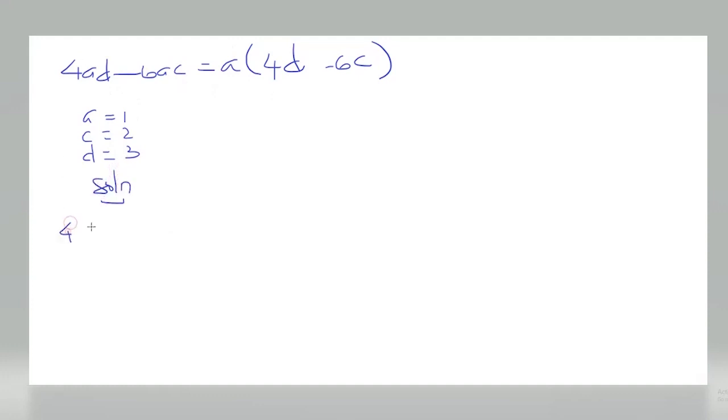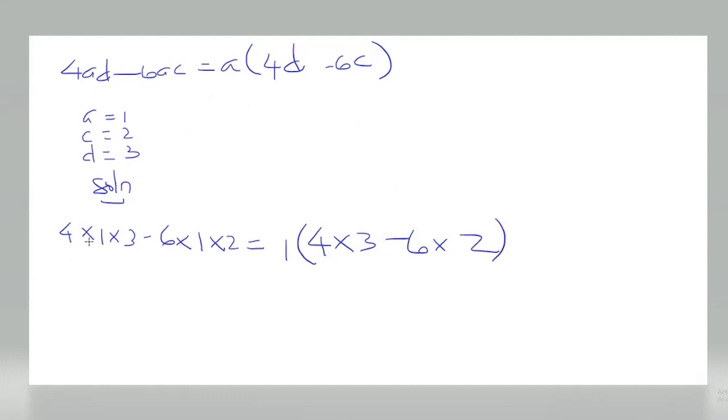Then 4 times A is 1 times D is 3 minus 6 times A, which is 1, times C, which is 2, is equal to A, which is 1, then 4 times D is 3, minus 6 times C is 2.